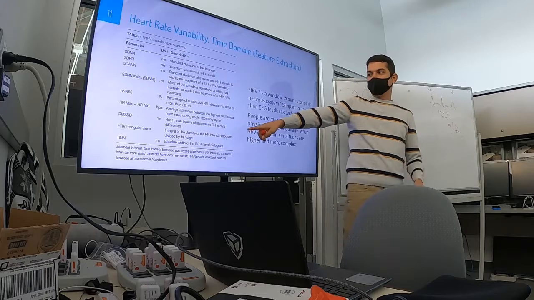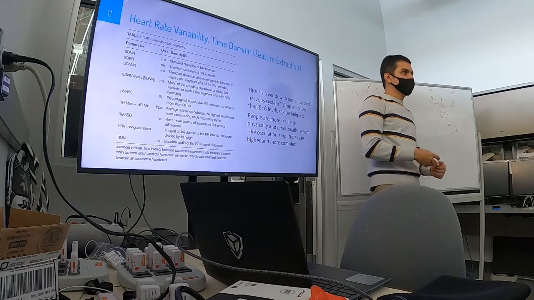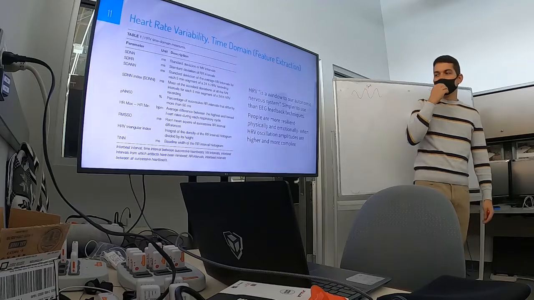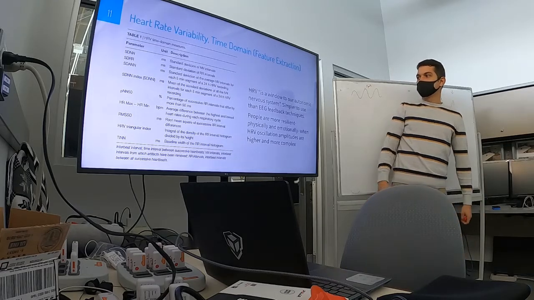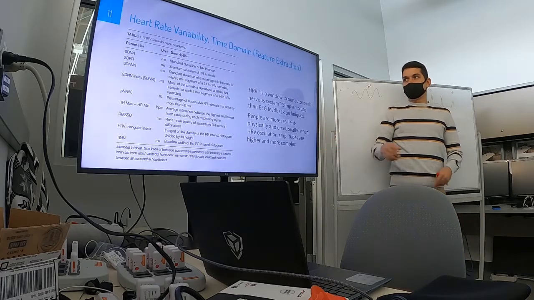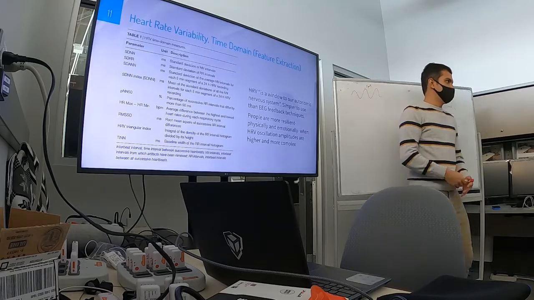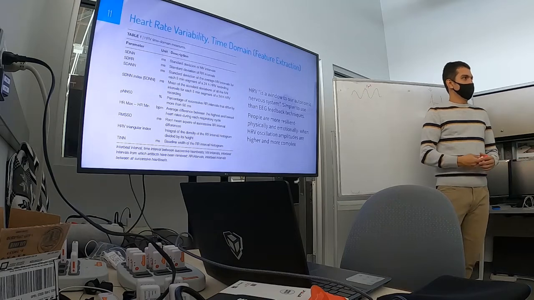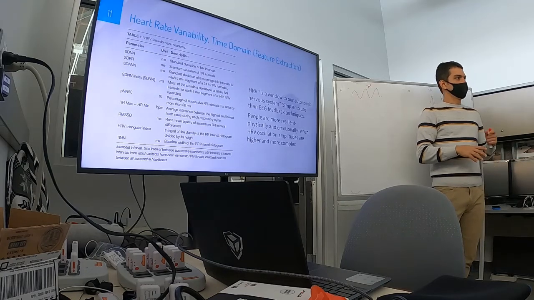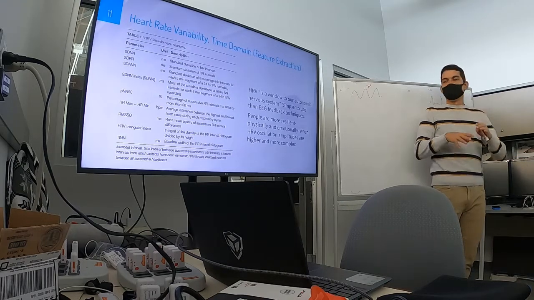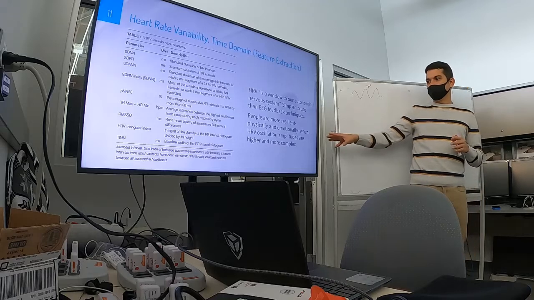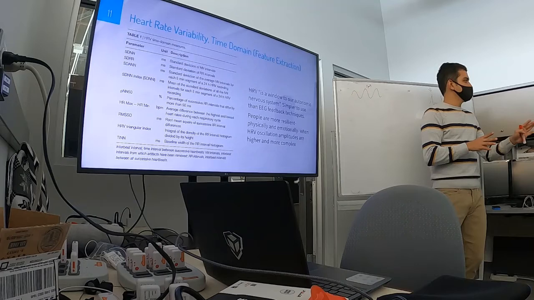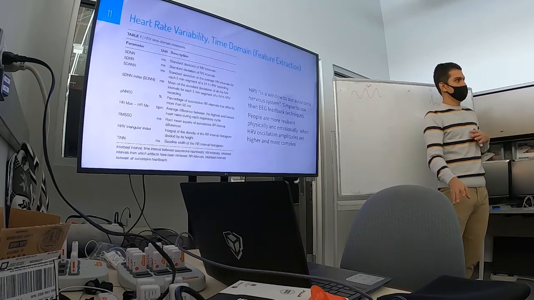There's one that's called the triangular index, which is basically the area under the curve when you have the heart rate variability plot. As a way to summarize, heart rate variability is basically a good window to the autonomic nervous system, so parasympathetic and sympathetic. In time domain it is a little bit more complicated to say, okay, this is more sympathetic than parasympathetic.